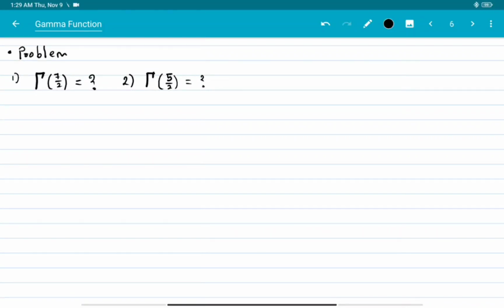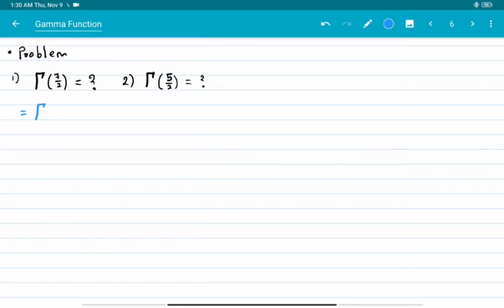It is asked: what is the value of gamma of 7/2?